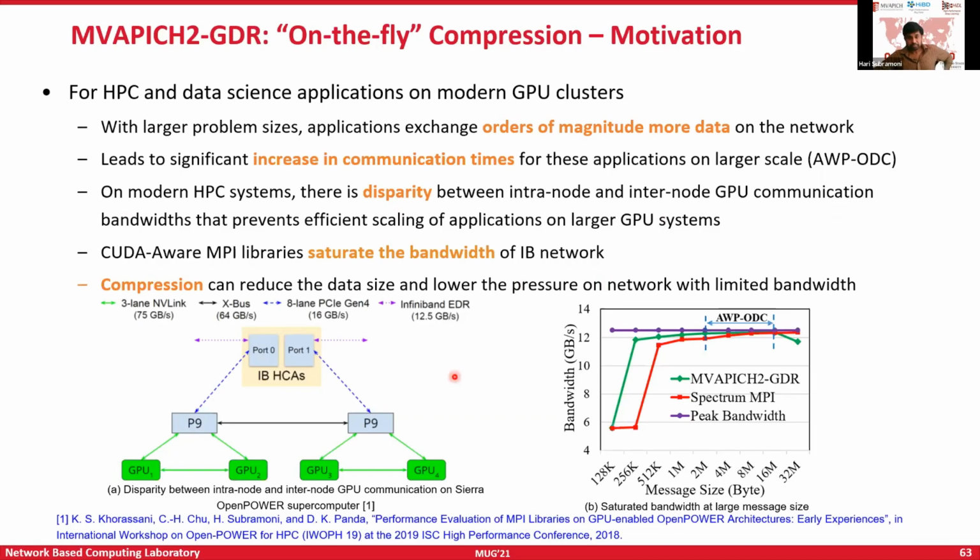On these kinds of systems, without high performance mechanisms, your internode communication can become the bottleneck. So can we alleviate this architectural issue? That is the basic trend that we were trying to address as part of this work.